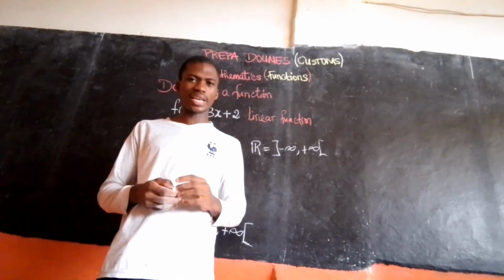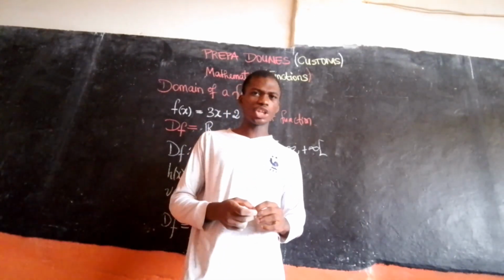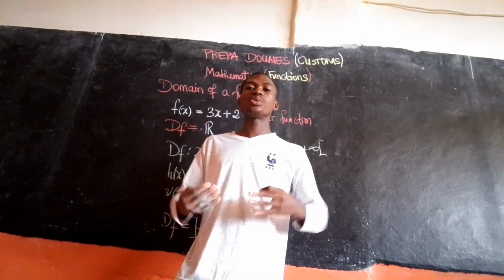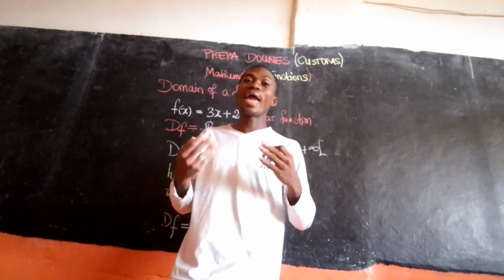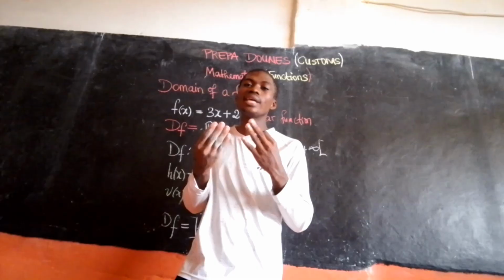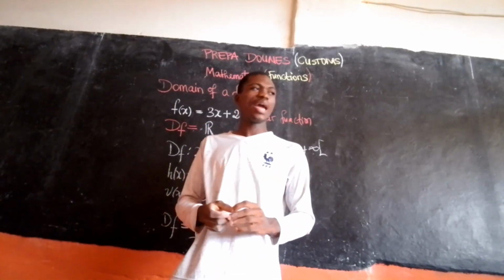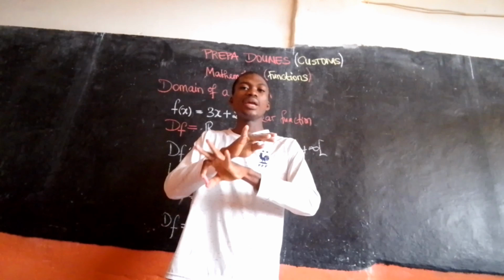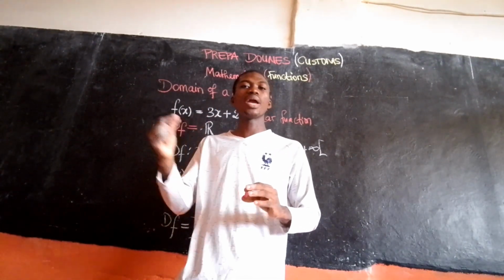If I can repeat myself, I will be saying that the domain of a function refers to the set of values for which the function exists. And how do you know that a function exists? A function exists if the evaluation of that function gives a value, even if it is 0, to any value.